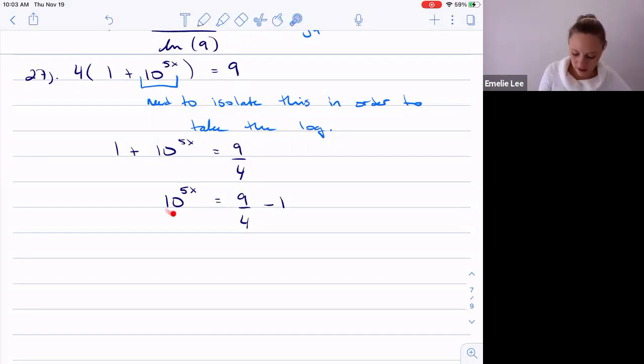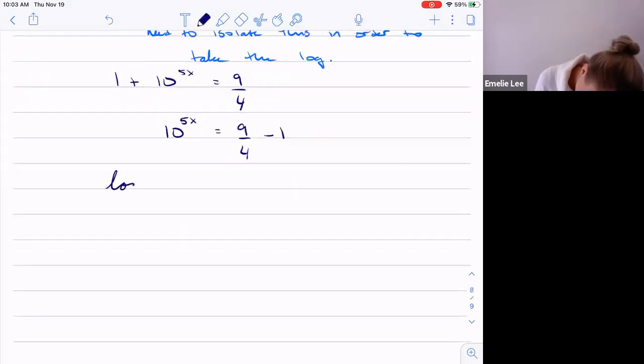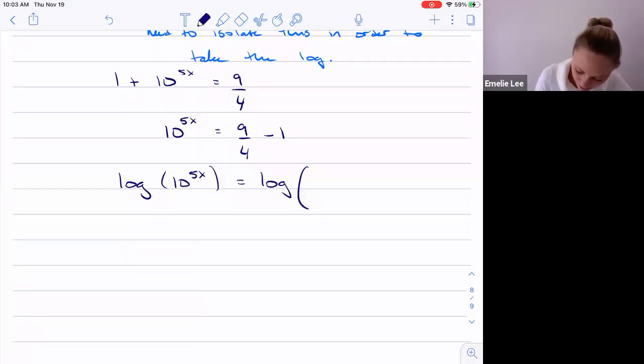So now that I've isolated this exponential function, I can take the log. And in this case, I'm going to take the log base 10 because it makes it nice and it cancels. So I take the log, log of 10 to the 5x is the log of 9 over 4 minus 1.